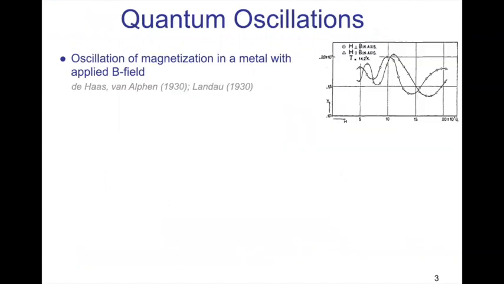Now, in 1930, De Haas and van Alphen took a huge step in that direction, even though they didn't realize it at this time, by putting a single crystal of bismuth into a magnetic field, and they observed in the magnetization these characteristic oscillations in 1/B.